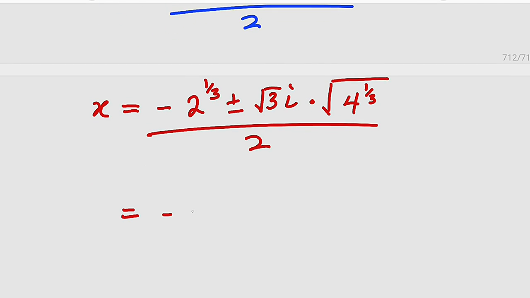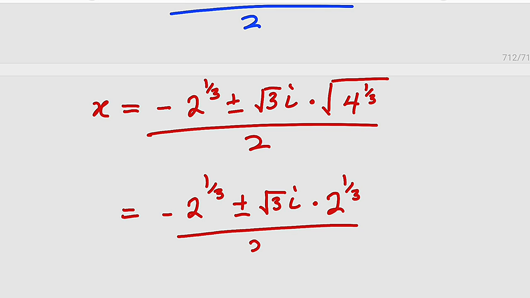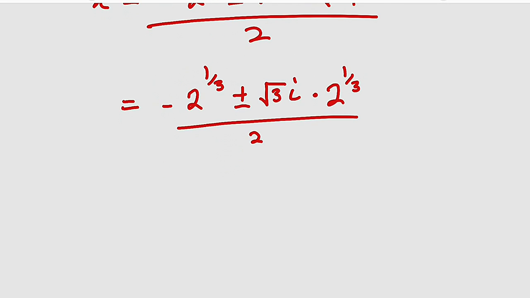This is equal to minus 2 raised to the power of 1 divided by 3 plus or minus square root of 3i multiplied by, you know, 4 can be written as 2 squared, and that square will cancel the square root. So we have 2 raised to the power of 1 divided by 3, divided by 2. All right.